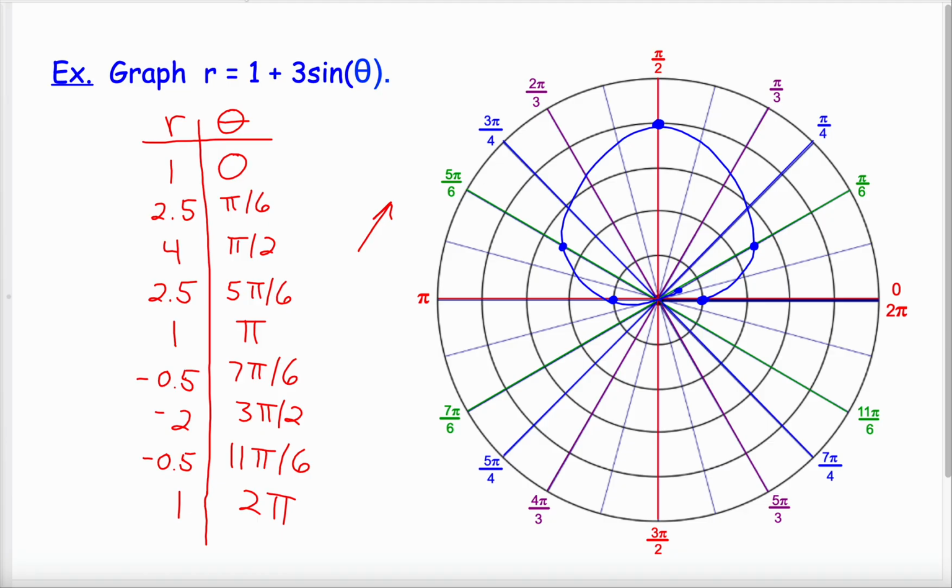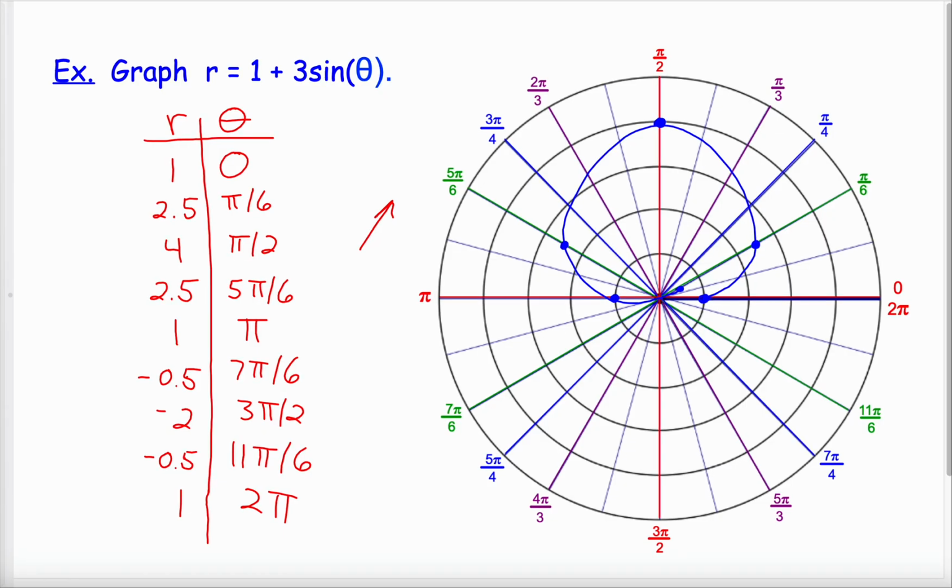So this is giving me kind of a weird graph. And you can see that's why polar is so neat, because you get graphs that look so much more interesting than the ones we've done so far in rectangular. So my r values are getting more and more negative as my angle is going from 7 pi over 6 down to 3 pi over 2. So they're getting further away in the opposite direction. So at 4 pi over 3, I'm getting a negative value.